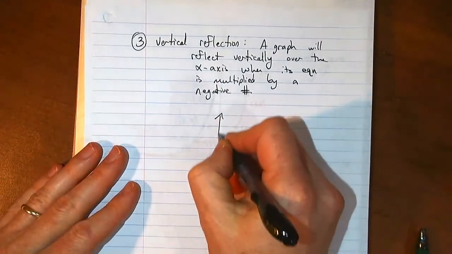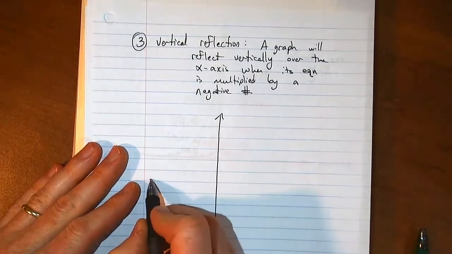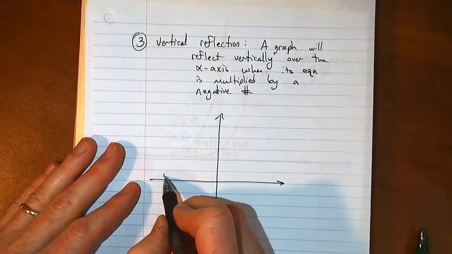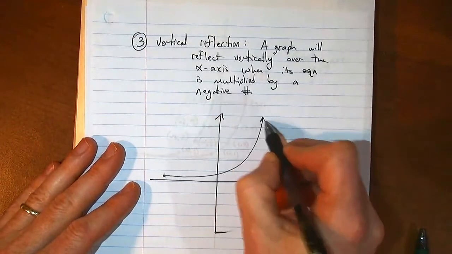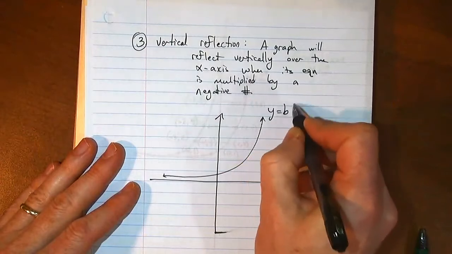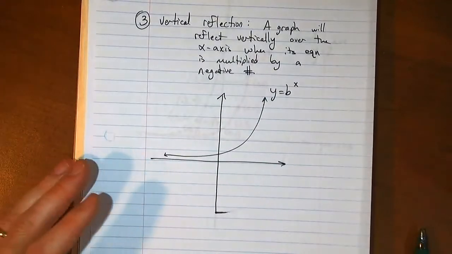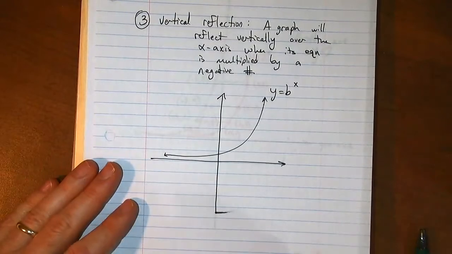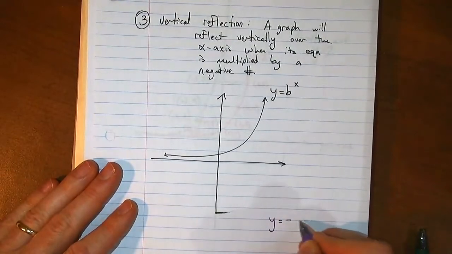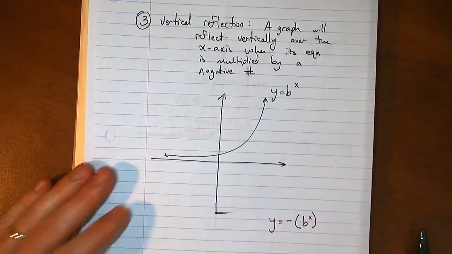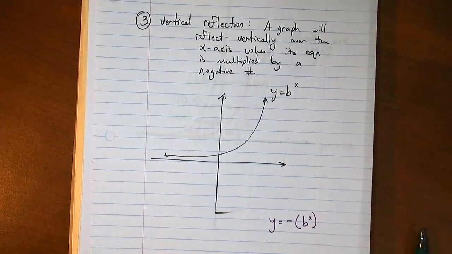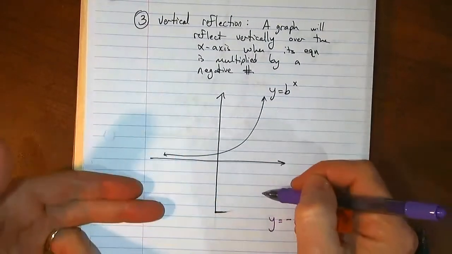So again, to just talk about it generally here real quick, what that means is if I have a random graph that goes like this, then if I want to multiply the equation by a negative number, that would look like this, right? Multiplying the equation by a negative number. That's going to make it flip over the x-axis.